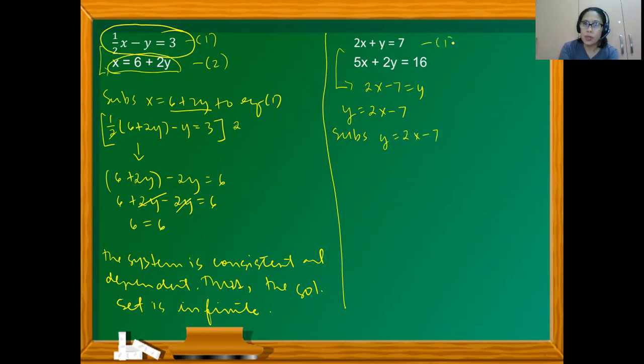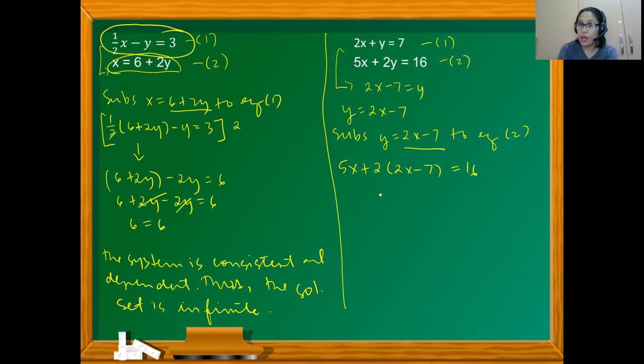This is equation 1. This is our equation 2. Instead of writing y, we will replace that by 2x minus 7. Okay? So we have 5x plus 2 times (2x minus 7) equals 16.